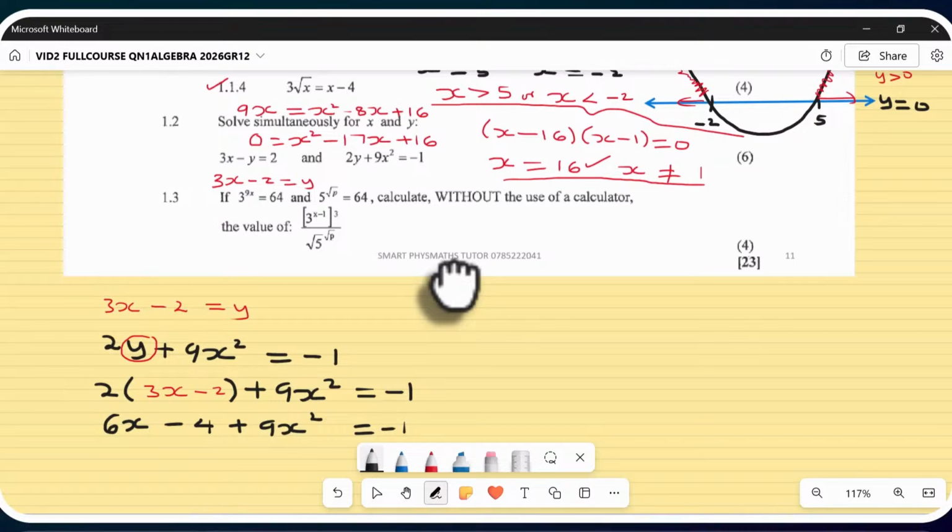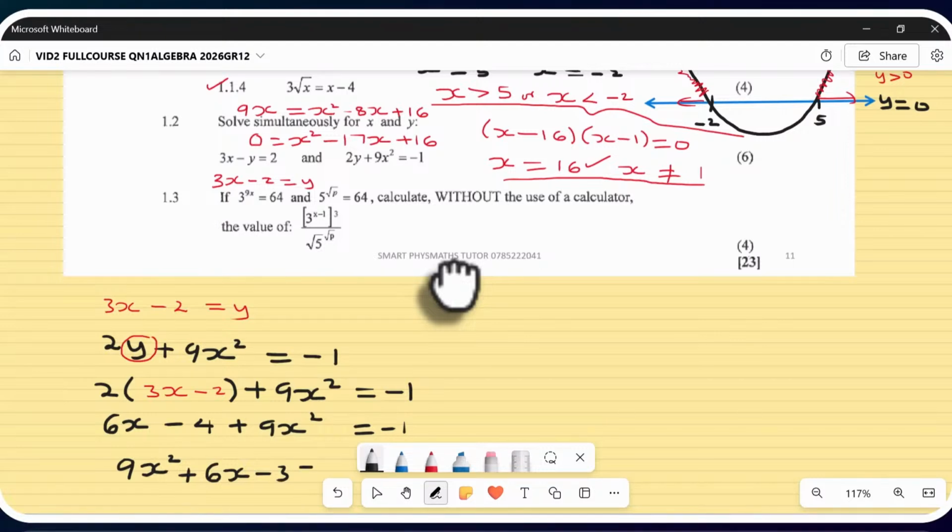So here, I can divide through by 3 to make my calculation simple. And so I can say 3x squared plus 2x, and then negative 1 equals 0.